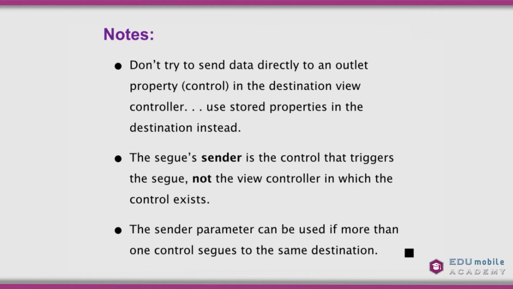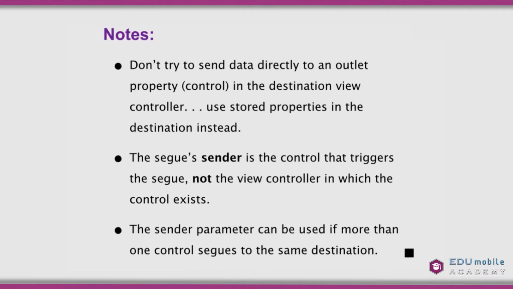Use a stored property. You may be able to use a calculated property, but it's safer to use a stored property in the destination instead. And then in the destination view controller's viewWillAppear override method, you want to copy those values to wherever they're going. If they're going to outlet properties such as labels, you just copy those values.